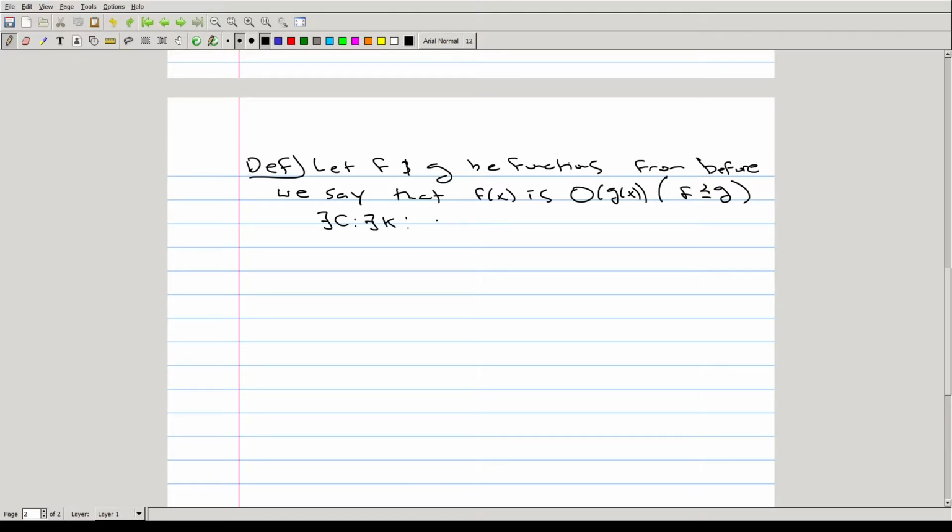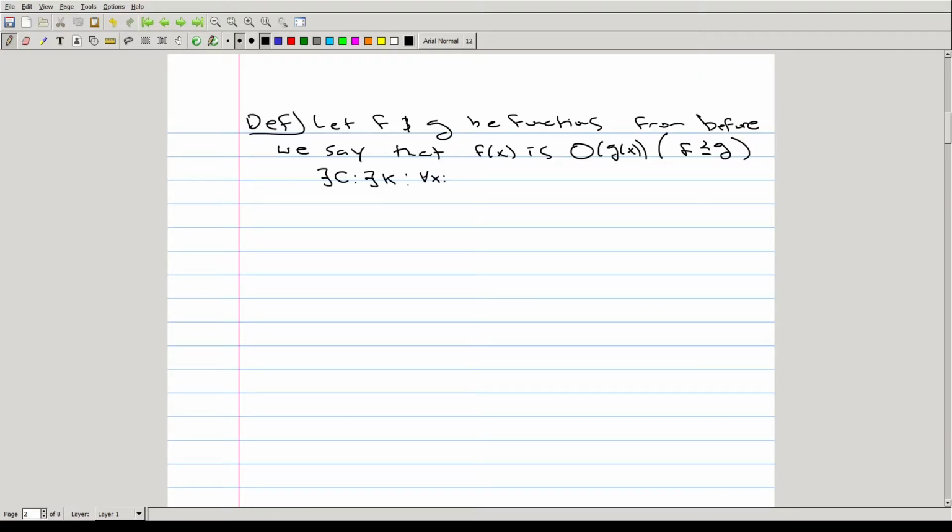for all x, if x is greater than k, then the absolute value of f of x is less than or equal to the constant c times the absolute value of g of x.